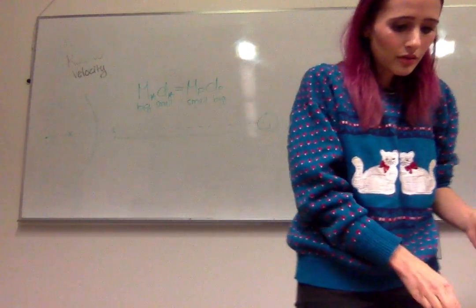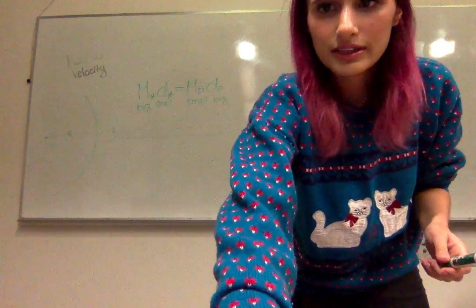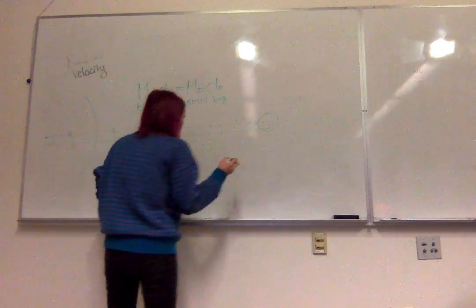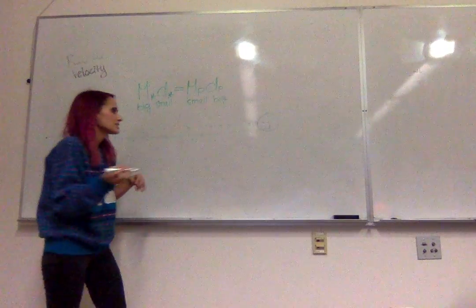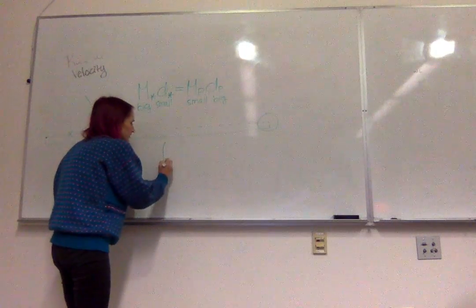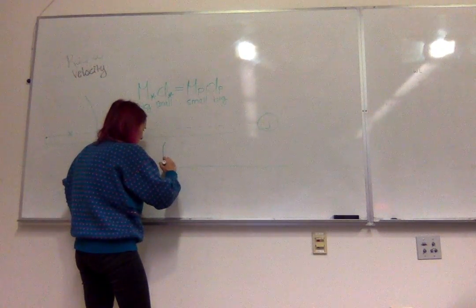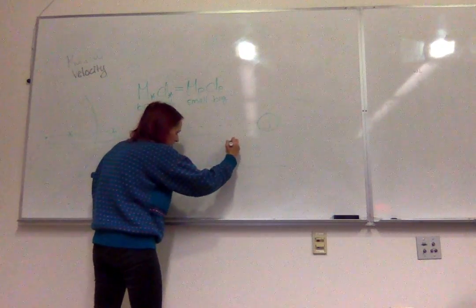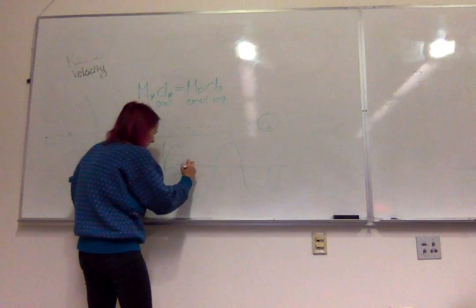We talked about binary star systems, where you had two stars orbiting around each other. And you would get a graph that looks like this, right? The smaller, less massive star would have a curve, and then the more massive star would have a curve like this.